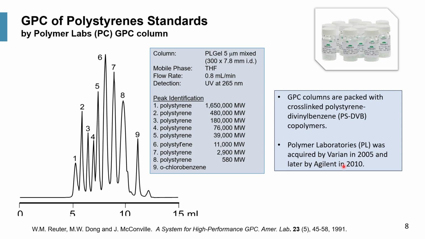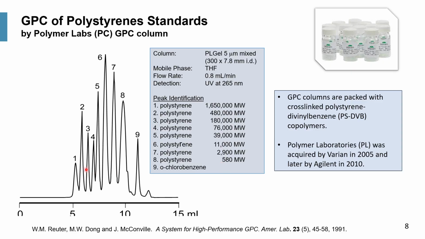Varian in 2010. So here is the separation of different polystyrene standards from 1.6 million, which is peak number 1, the large molecular weight polystyrene, to number 9, which is the monodispersed oligomer with a molecular weight of 580.